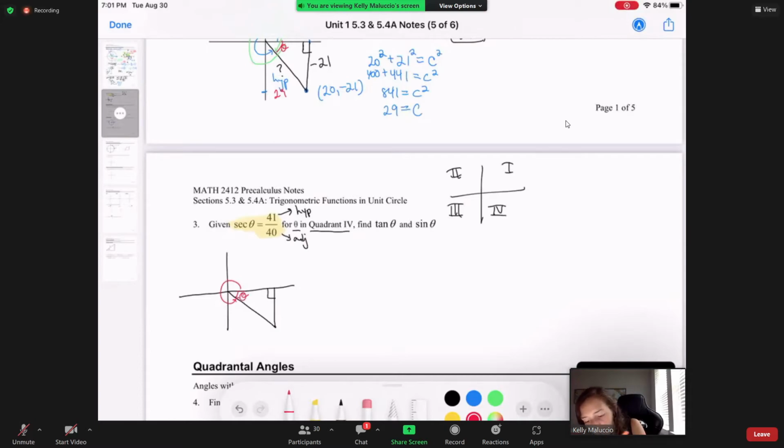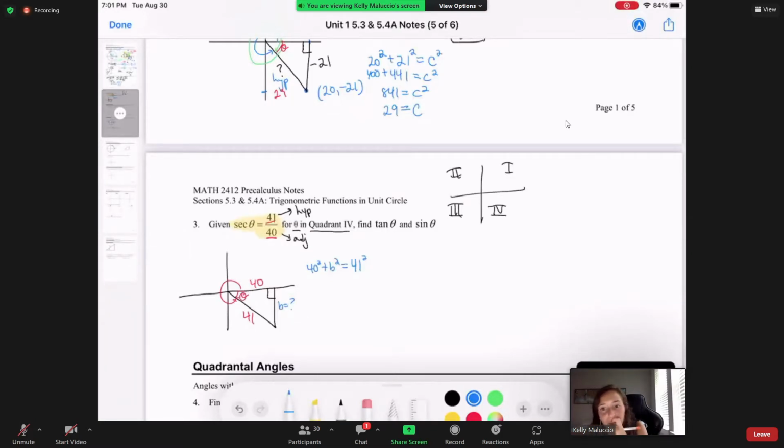And they give us the 40 and the 41. So 41 is here, 40 is here, and we need to calculate the other side. So we've got to do a little Pythagorean theorem again. So I'd get 40 squared plus b squared, we'll name this b, we don't know what, equals 41 squared.